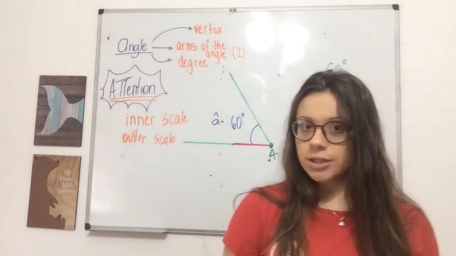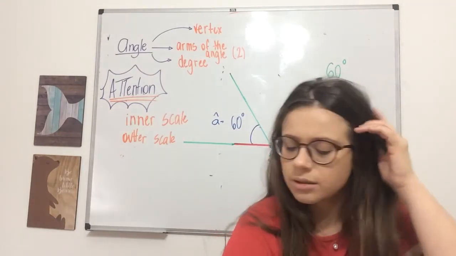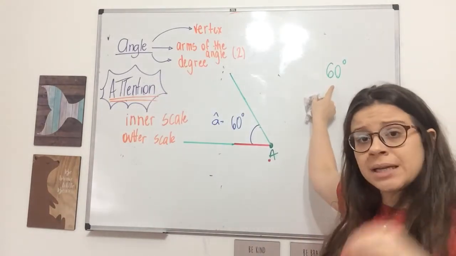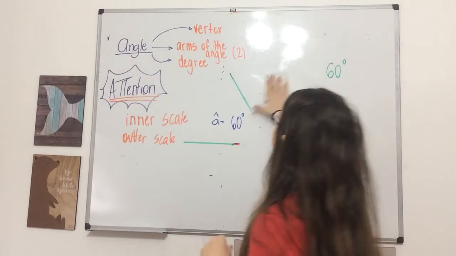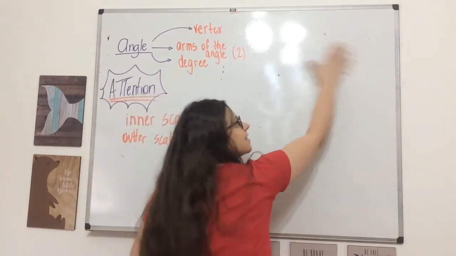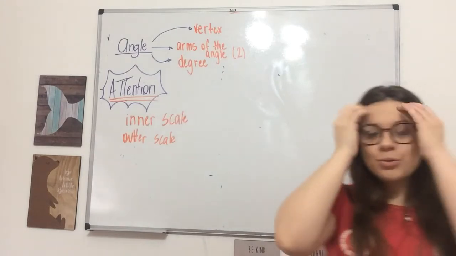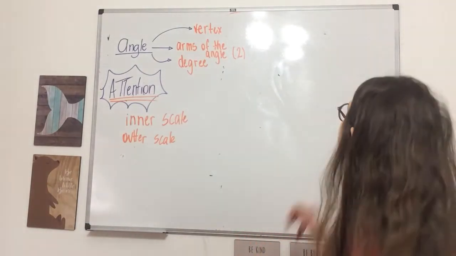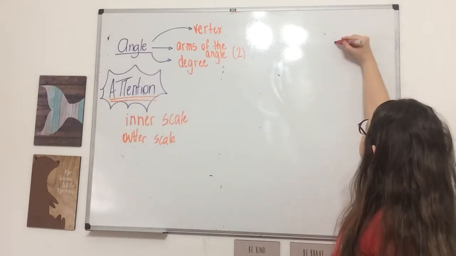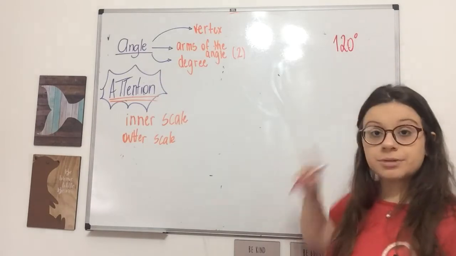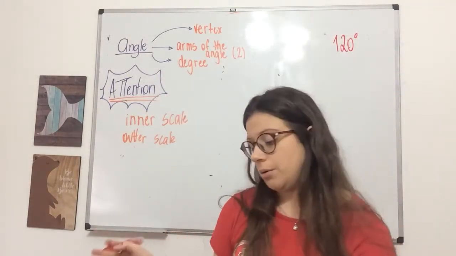Let's have a look at another one just to make sure we understood. This time this is an acute angle because it's an angle smaller than 90 degrees. Remember that we are training our eyes to see, to be able to classify the angles without even measuring. So I am going to build an angle that is 120 degrees. I'm going to build an obtuse angle.